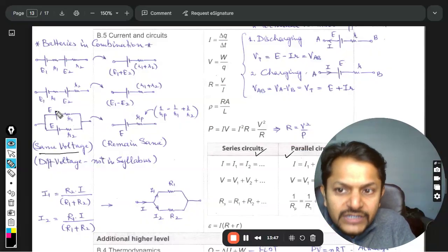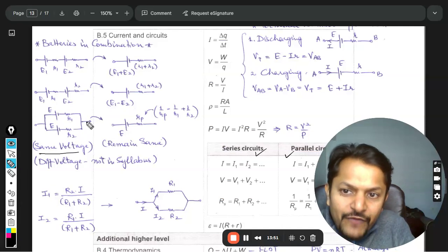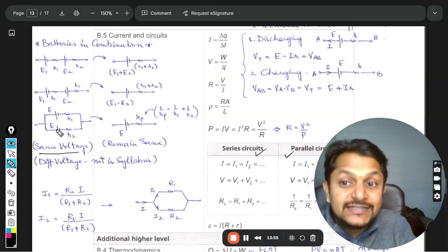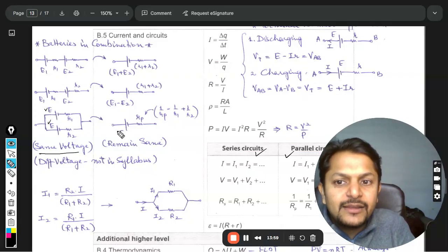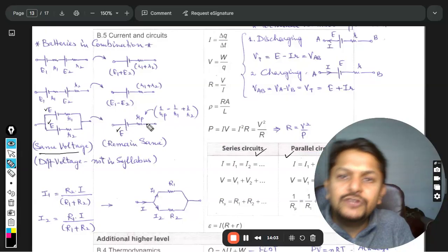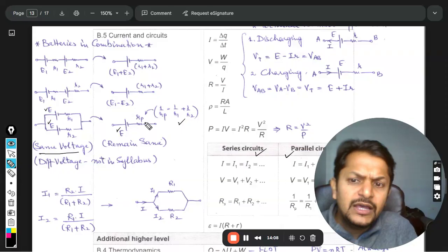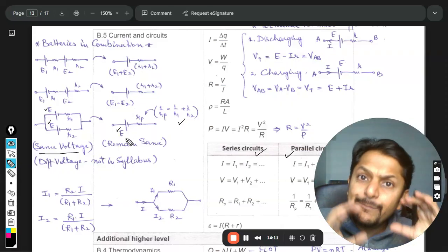The voltages have to be the same, internal resistances can be different. When you convert that into the combination, the voltage remains the same. So E and E remain E, but R1 and R2 are converted into the parallel resistance, for which you just use the parallel combination formula. So this becomes your combined battery.